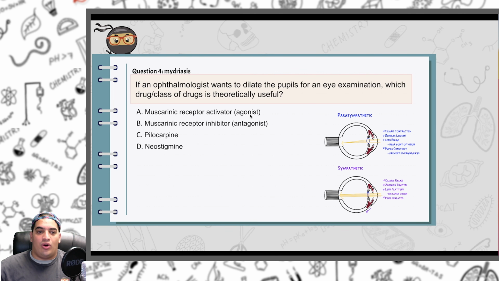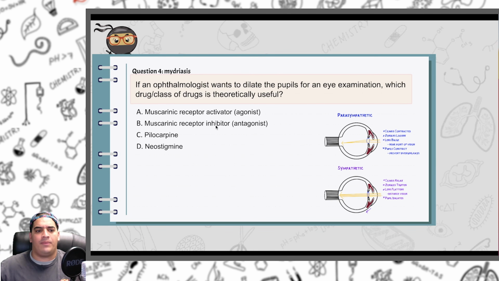So think about that then. Would I want an agonist to bind onto that muscarinic receptor to cause it to dilate? No. Because if I stimulate the muscarinic receptors with an agonist, that's going to cause pupil constriction. Do I give an inhibitor, an antagonist? Yes. Because if I block the muscarinic 3 receptors, they will not constrict and therefore will dilate.